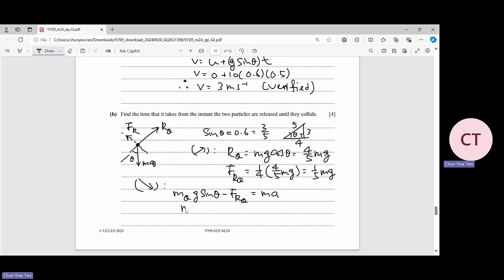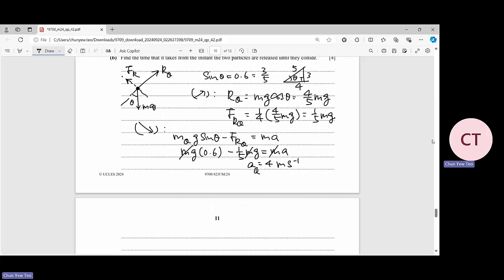So mg sin theta minus 1/5 mg equals ma. Cancel all the m, then you have 6 minus 2, which is 4. So a is equal to 4 meters per second squared. This is the acceleration for Q.